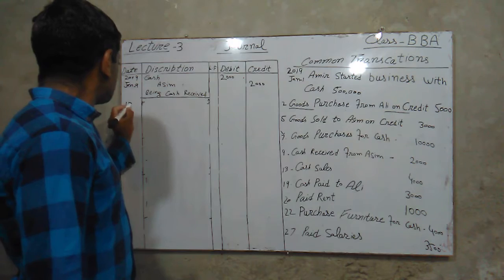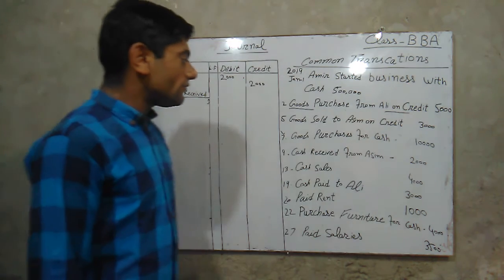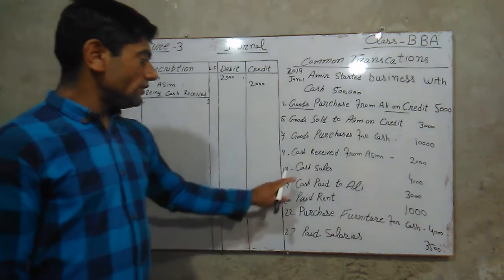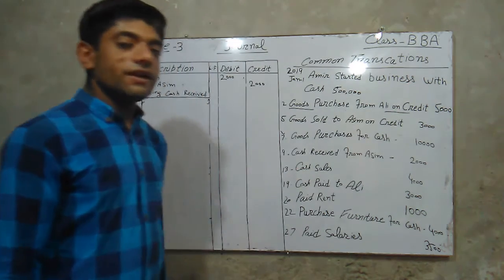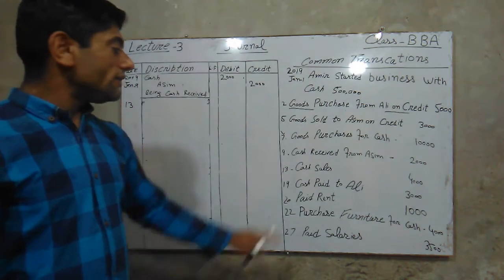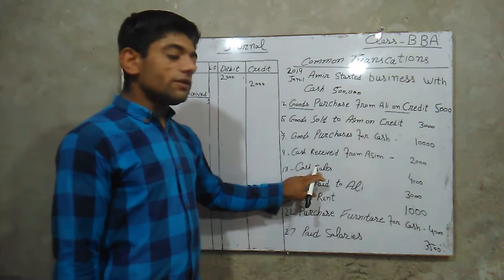Next transaction, cash sale 4,000, means goods sold for cash 4,000. Cash is our asset, so it increases, so it's debit. Sale also increases, so it's credit.